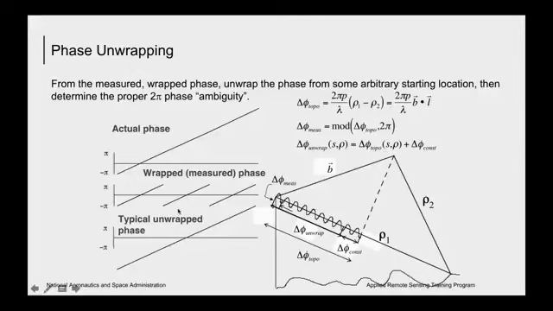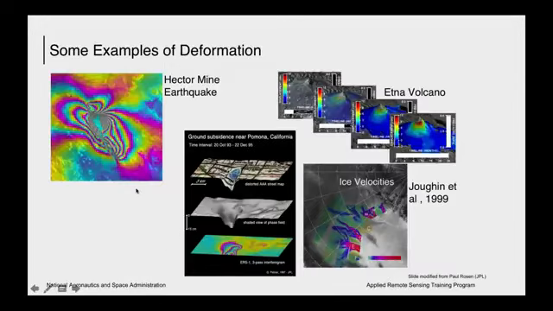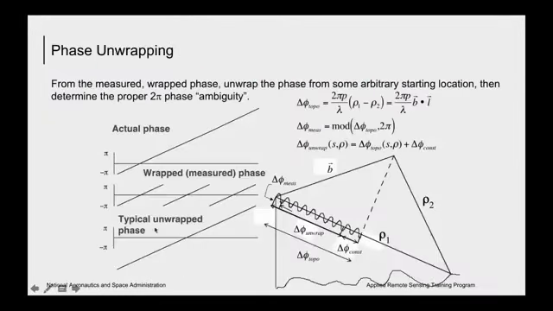So this is what we measure with the interferometer, and we have to use computer programs to figure out where these discontinuities are and what sections need to be moved back up to connect and get back the original unwrapped phase. So this is a little bit of a complicated part of interferometry, but it's a key part of actually doing interferometry.